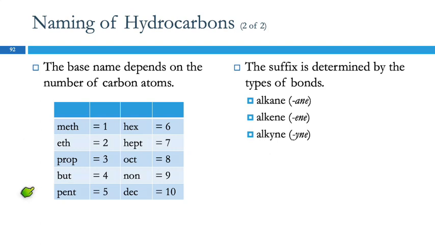So these are the base names, and if you skip past the first 4, these are very much like those hydrate prefixes and the molecular compound prefixes, right? Penta, hexa, hepta, octa, nona, deca, same number meanings. So this is how many carbon atoms. So hexane is going to have 6 carbon atoms.